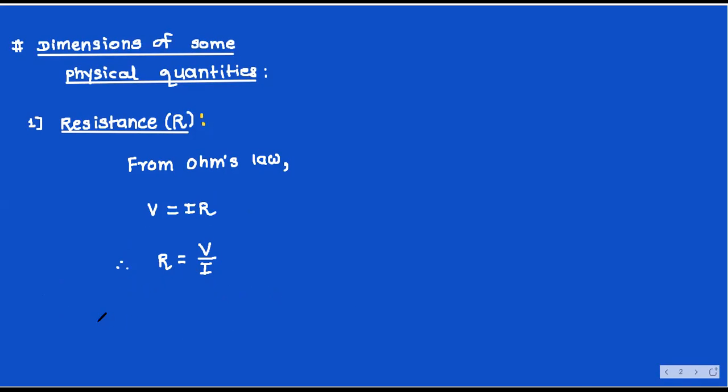So we know Φ is work done per unit charge. Φ means potential difference. Let's move ahead now.